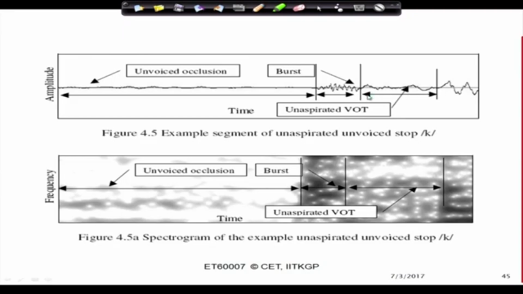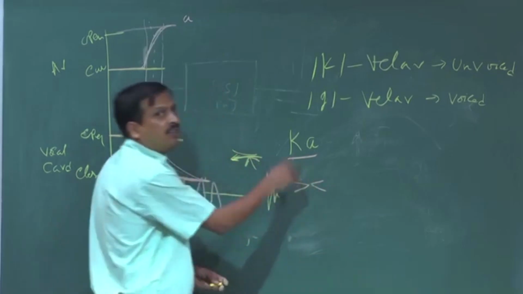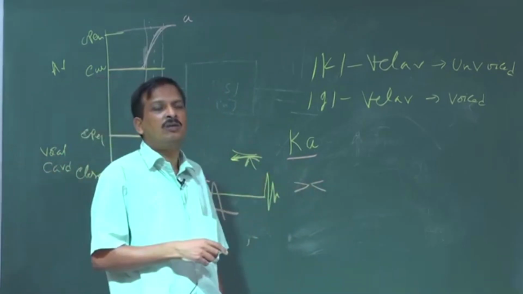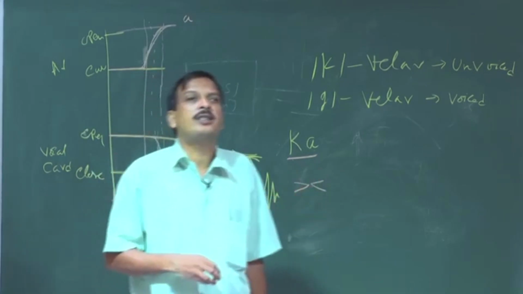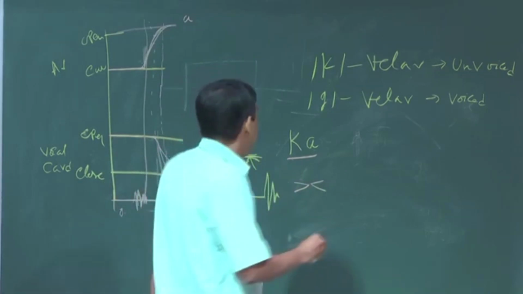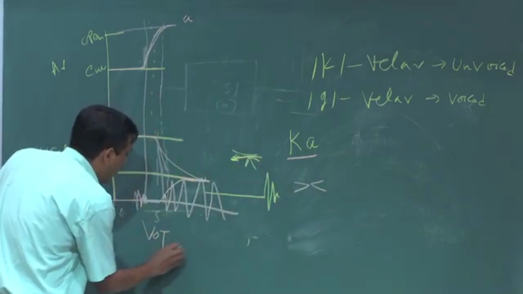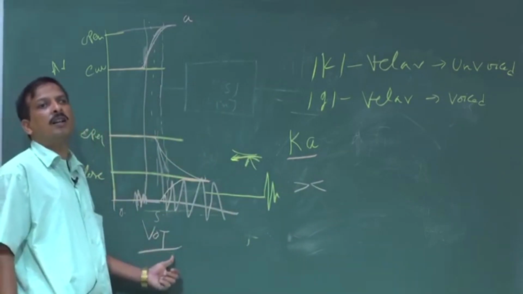During this period, the vocal cord may produce an aspiration sound, then it is called an aspirated sound. If aspiration is not there, we call it unaspirated VOT. So this VOT might be aspirated or unaspirated.